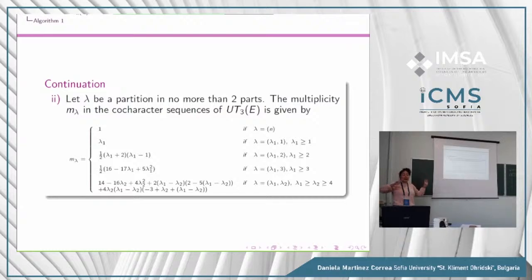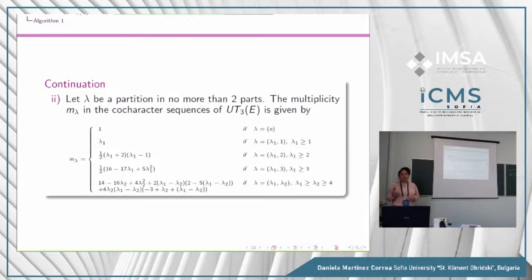But our algebra, UTN of E, is not a finitely generated algebra, so we cannot capture all the multiplicities n lambda using our horizontal strip. So for this reason, if we want to capture all the multiplicities n lambda, we need to find a new method.